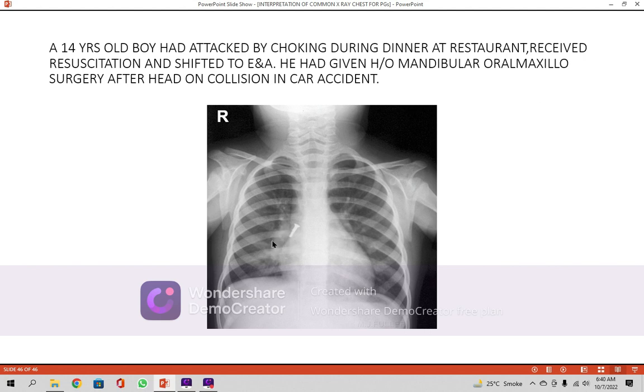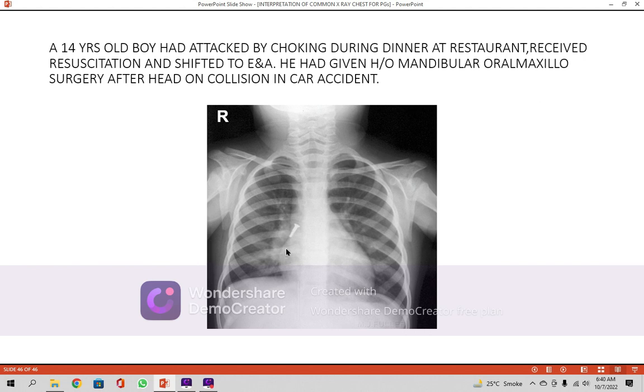Some part of the lung is collapsed, some segment is collapsed there. It is probably the medial segment, which is the lower medial segment, that is involved here. The air is also going through this bronchus.